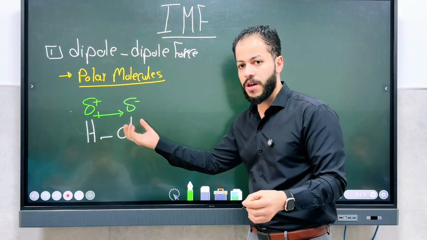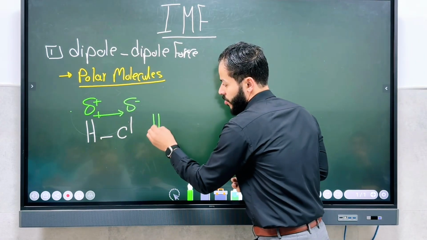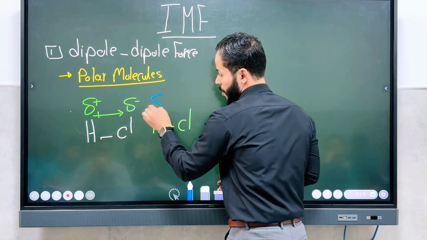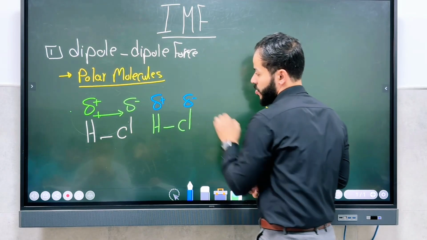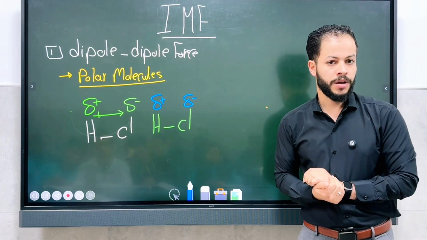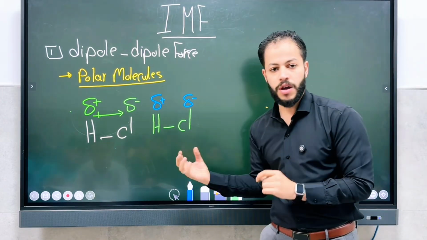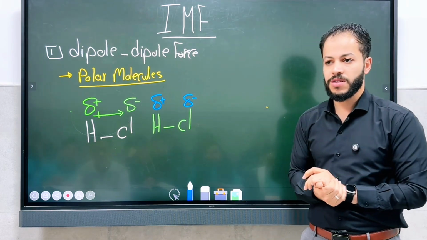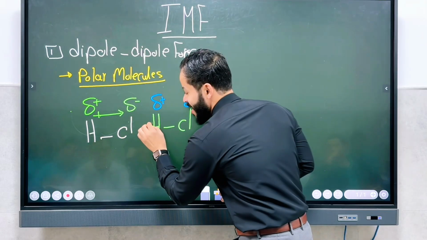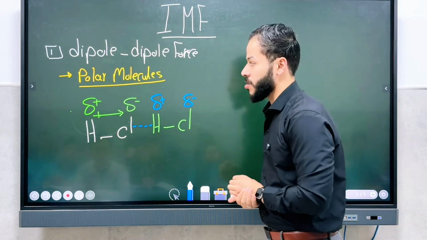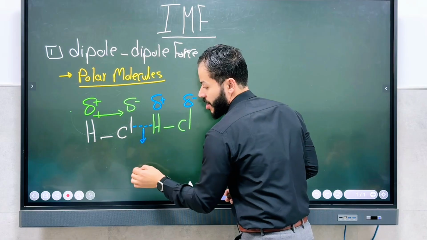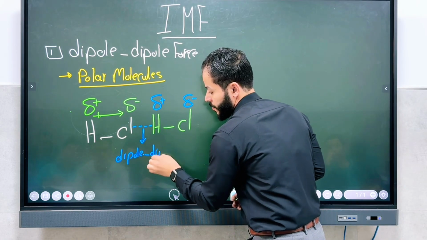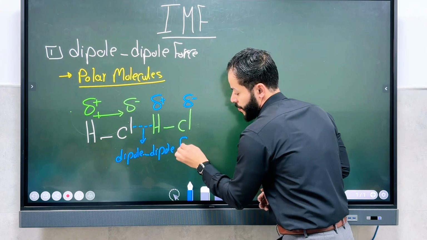If we have another molecule of hydrochloric acid near it, like this, and it also has a partial positive charge upon the hydrogen and a partial negative charge upon the chlorine, and these two molecules come near each other at a short distance, what happens between the opposite charges, guys? Attraction. We represent the intermolecular forces by a dashed line, and we name this type of force of attraction dipole force.